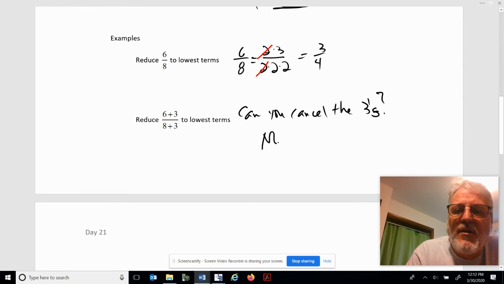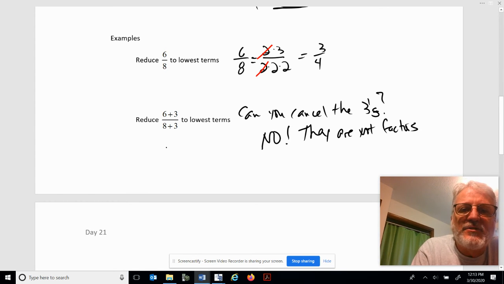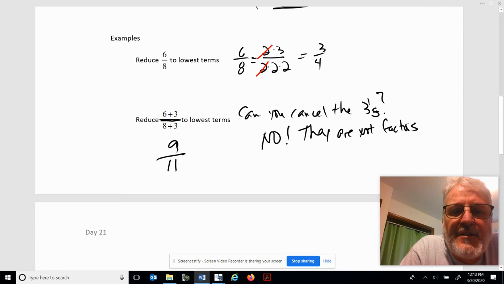The answer is no. They are not factors. Okay, so the answer here is you have to do the top, which is 9, and the bottom, which is 11. You can't cancel those 3's. If you do, you'll get the wrong answer. It's just incorrect. You can't do it. Only thing that can cancel are factors.